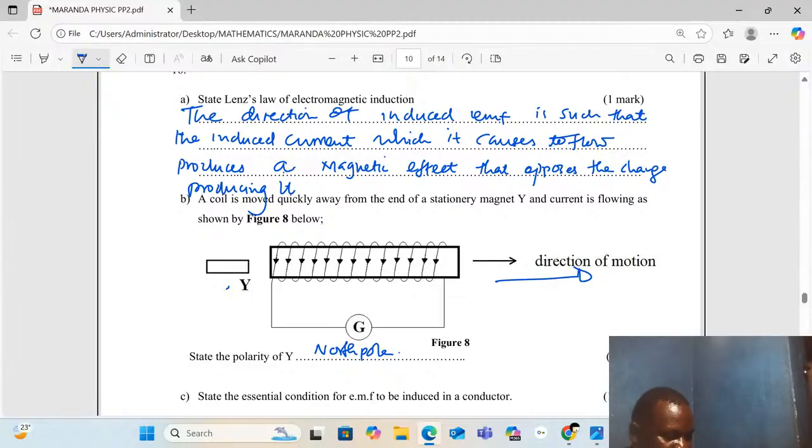If you look at that diagram very well, naturally, if you engulf your fingers on that coil, then you will see that this further end will be a north pole.